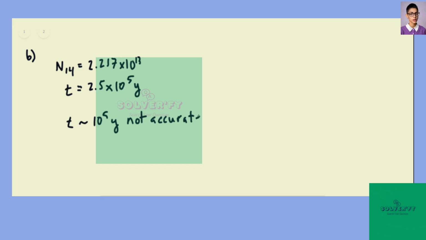Unfortunately, there are various types of radioactive dating that can be used. But carbon-14 stops working by about the time you get to 100,000 years in the past.